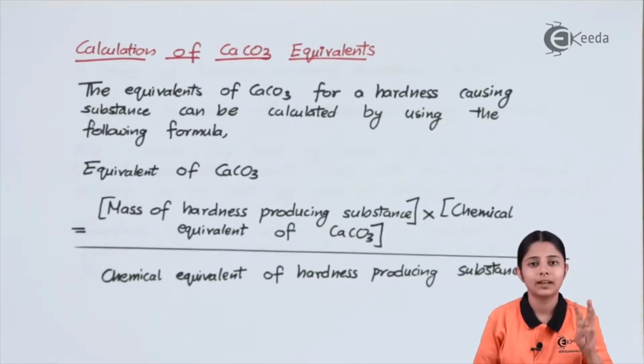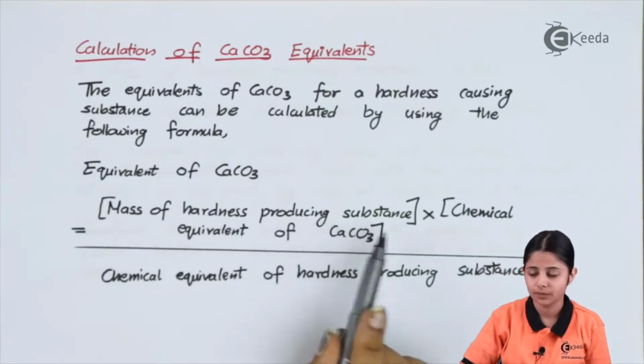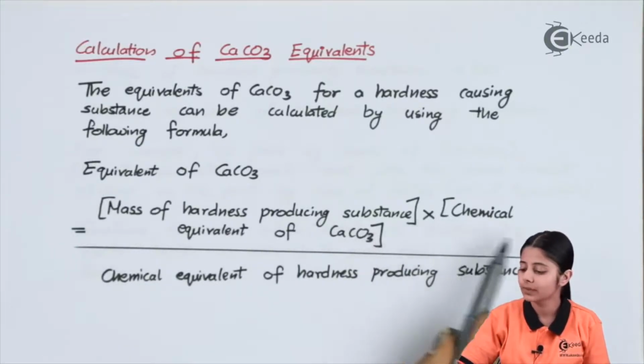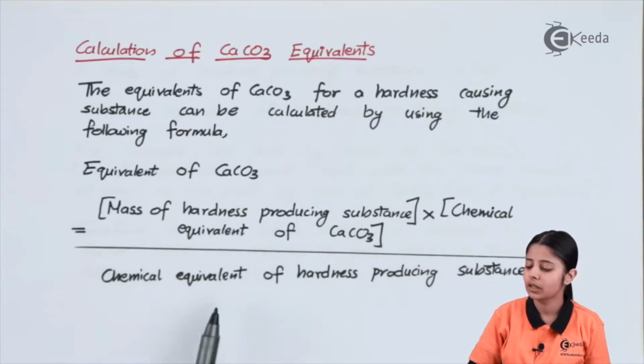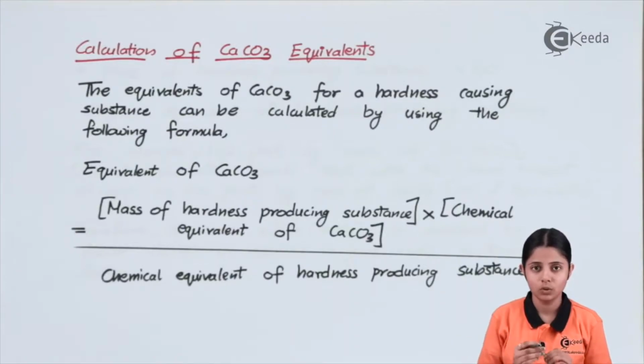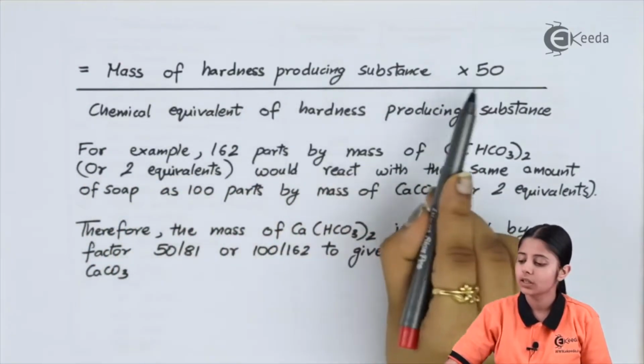So over here totally we have three things. The first is mass of hardness producing substance. The second is chemical equivalent of CaCO3. And the last one is chemical equivalent of the hardness producing substance. We multiply the first two and divide it finally by the chemical equivalent of the hardness producing substance. So this is mass of hardness producing substance into 50.